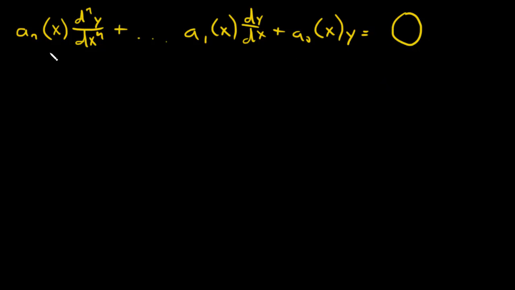If you have your differential equation done out in standard form and the g of x term over here is 0, this differential equation is called homogeneous.